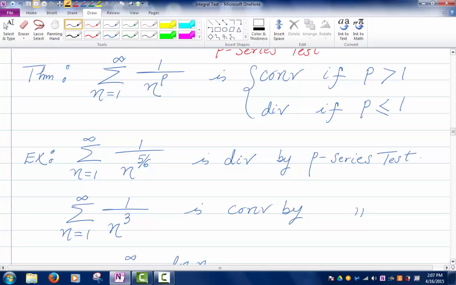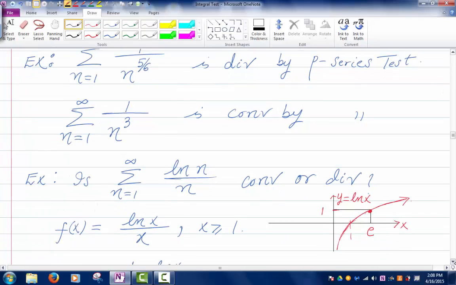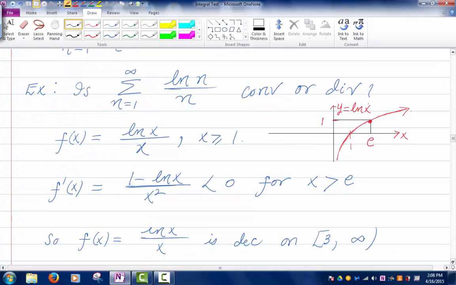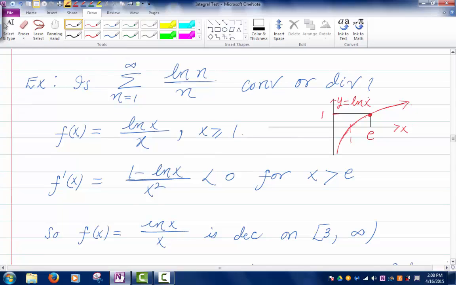Now let's look at a little bit more difficult use of the integral test. It's not difficult, but it's just that it's not clear whether the function f is increasing or decreasing in this case. So let's say I have this series, summation n going from 1 to infinity of ln of n over n.